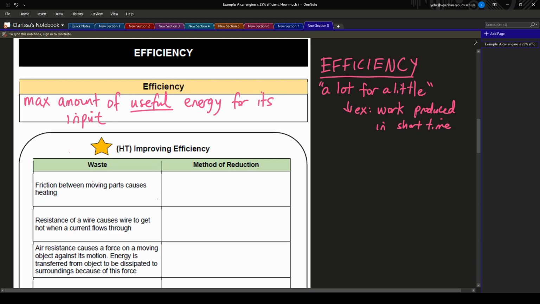So for example, let's say we had two light bulbs. Let's say that with both of these light bulbs, we're putting in 100 joules of electrical energy.